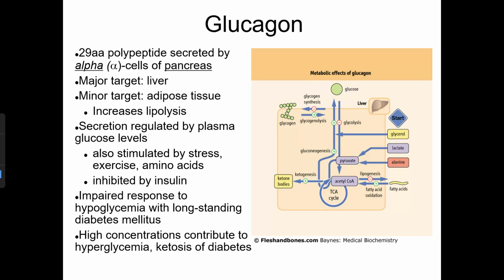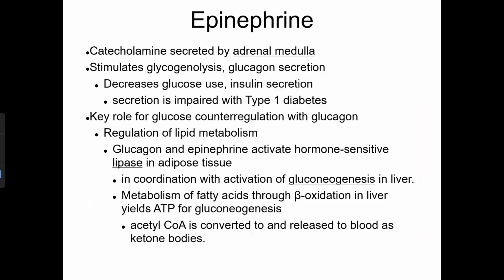An impaired response to hypoglycemia with long-standing diabetes mellitus. High concentrations contribute to hyperglycemia and ketosis of diabetes. Epinephrine. Epinephrine is a catecholamine that's secreted by the adrenal medulla. It stimulates glycogenolysis, glucagon secretion, and it decreases glucose use and insulin secretion.